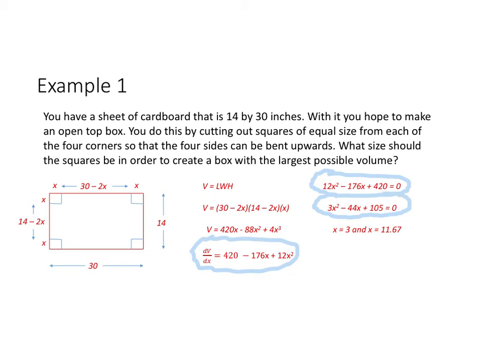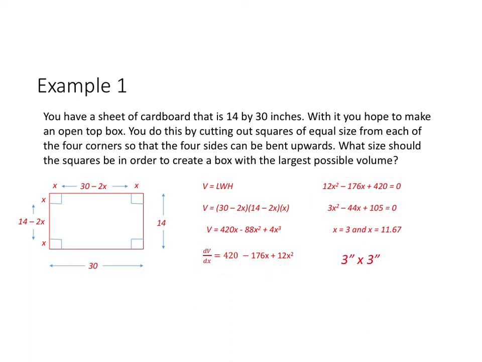I can factor it, or I could graph this on a graphing utility, and I would find that this equals 0 when x is equal to 3, and when x is equal to 11 and 2/3, or 11.67.